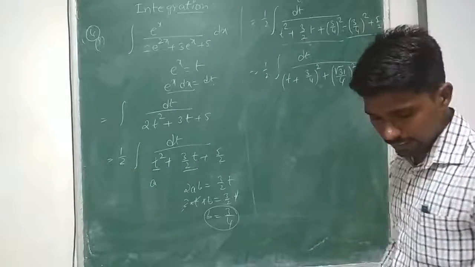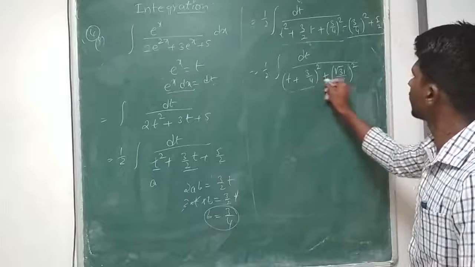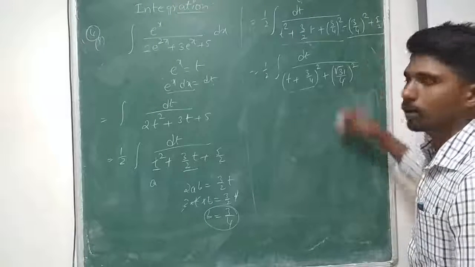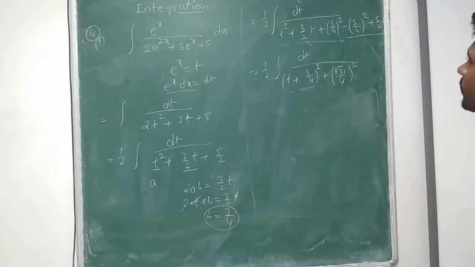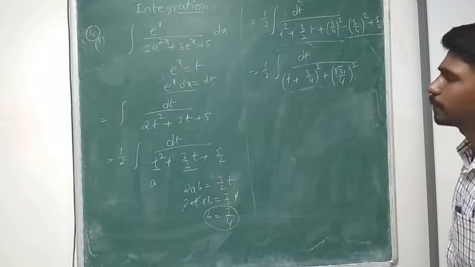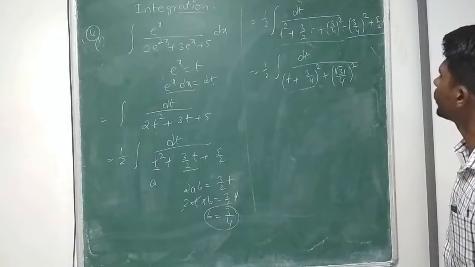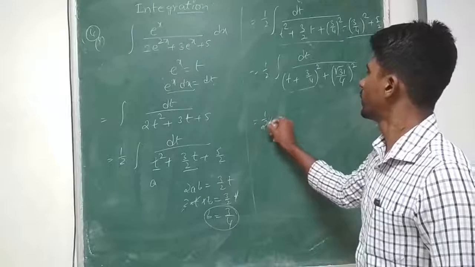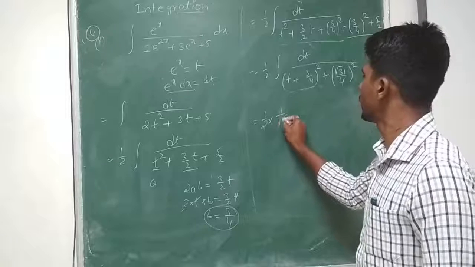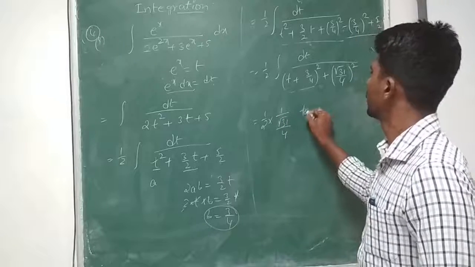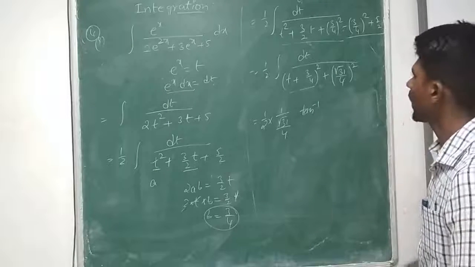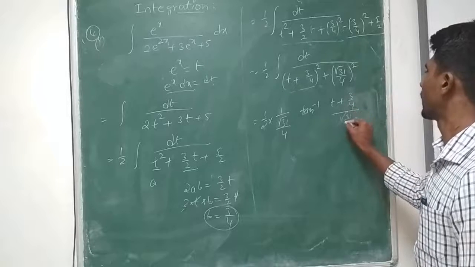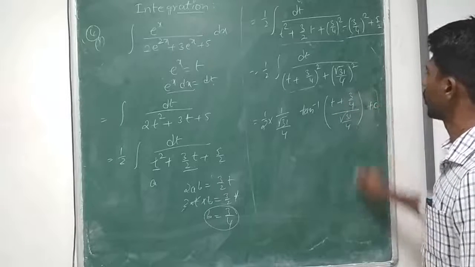Now it is in the form integral 1 by x square plus a square dx. So its answer is nothing but 1 by a into tan inverse of x by a. Now 1 by 2 into 1 by a: 1 by root 31 by 4 into tan inverse of, in place of x I have t plus 3 by 4, by root 31 by 4, plus a constant c.